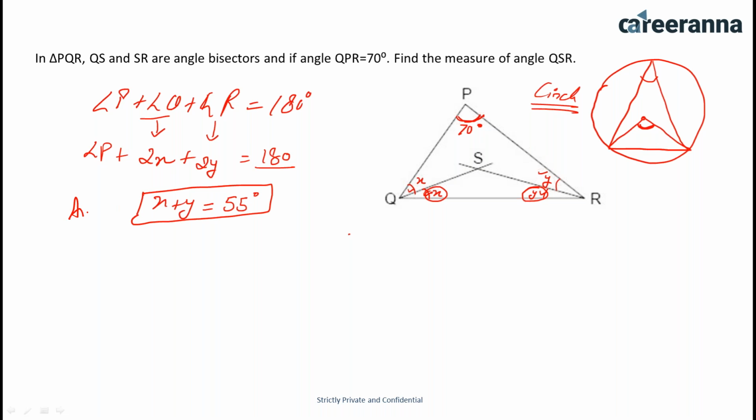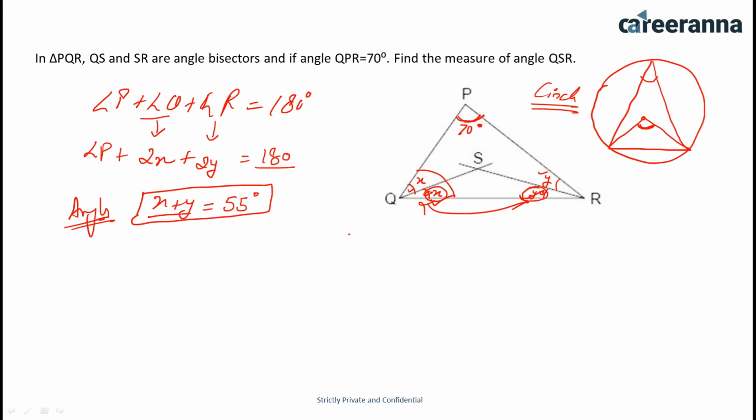You cannot find the individual angles because you don't know one particular angle. If you knew one single angle, only then could you solve for the others. So you have to set up a relation.